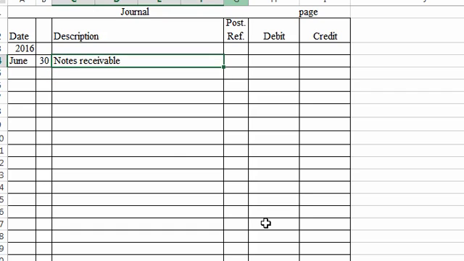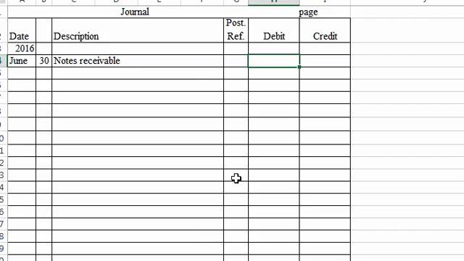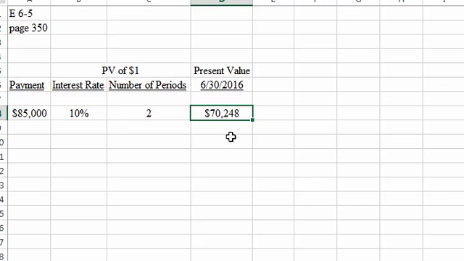Because what are we doing? We're essentially letting them borrow money. And we're going to debit the note receivable for $70,248. Right here, the present value of the $85,000 to be received in 2 years, assuming that interest rate of 10%. So $70,248.